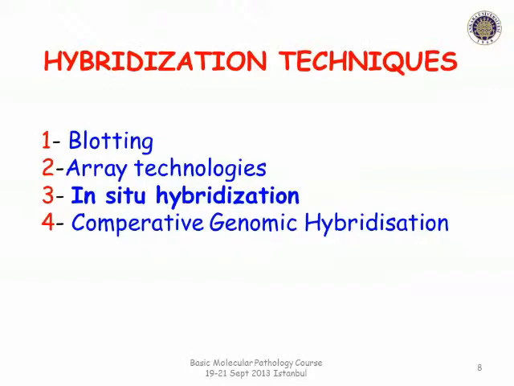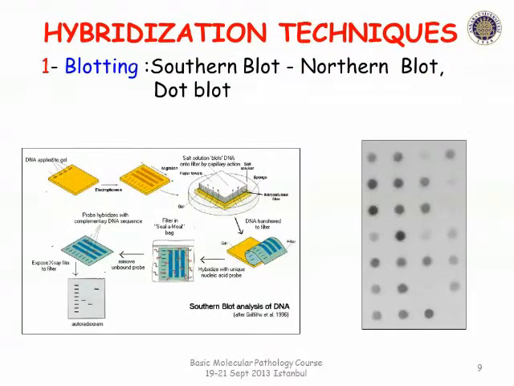Different hybridization techniques, many of them were also pointed out in the previous speeches: blotting techniques, array technologies, in situ hybridization, which is going to be my main topic, and comparative genomic hybridization. These are all techniques which depend on hybridization.